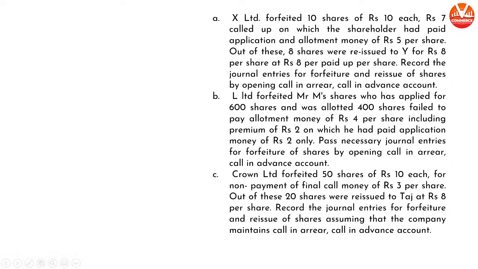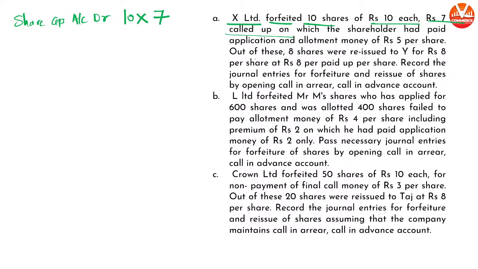So let's pass the journal entries. The first case is X Limited forfeited 10 shares of 10 each, 7 called up. So share capital account debit, 10 shares are forfeited and how much amount is called up? 7.